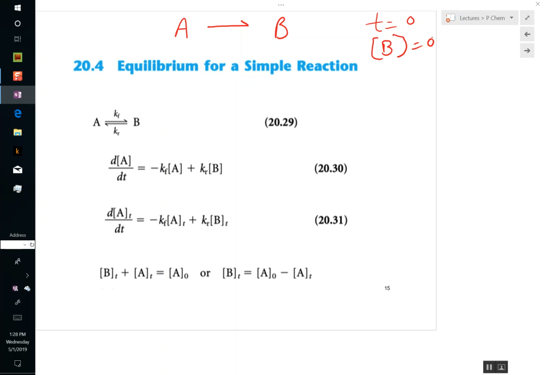It's been only looking at the forward reaction. We've been starting out with a certain amount of A and saying, starting there, what is the rate of change of the A concentration with time? There's no B and no reverse reaction going on. So how are we going to know when we need to include the reverse and when not to?